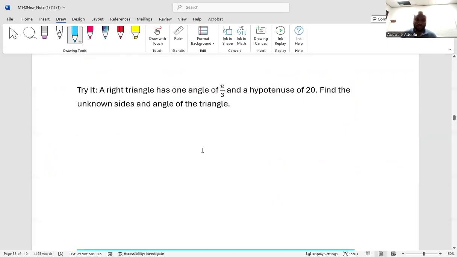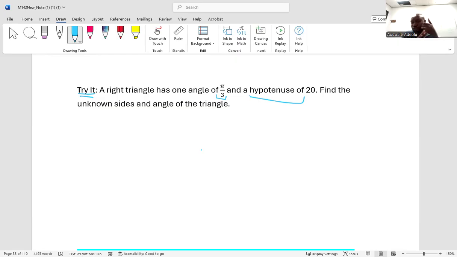I will leave you with this problem. You should pause the video and try this. A right triangle has one angle, pi over 3, and a hypotenuse of 20. Find the unknown sides and the angle of the triangle.